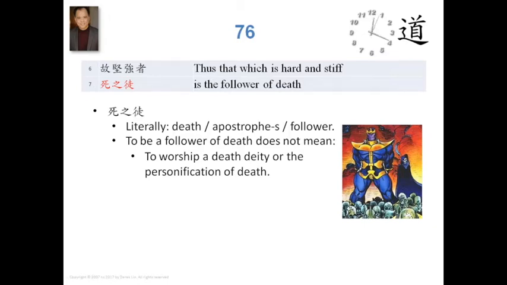Here, depicted as the Grim Reaper, but in other depictions of the comic books, depicted as a beautiful woman. So the reason why Thanos wants to destroy the world, the galaxy, the universe, etc., is to please death. He is a follower of death in that sense. But in the Tao Te Ching, when we say a follower of death, we don't mean Thanos. That's not what we mean at all.